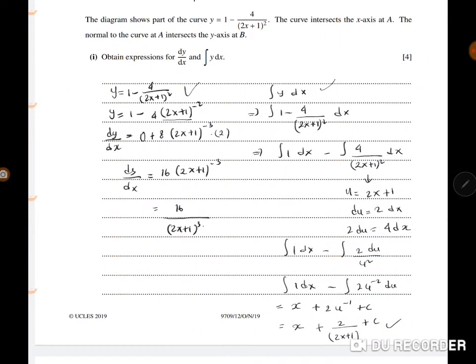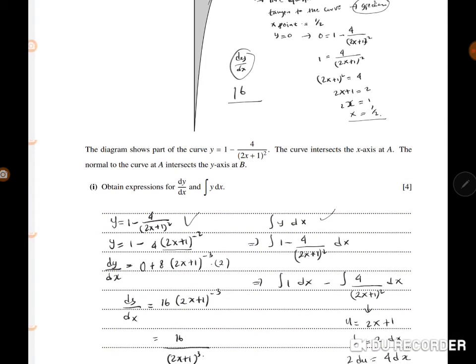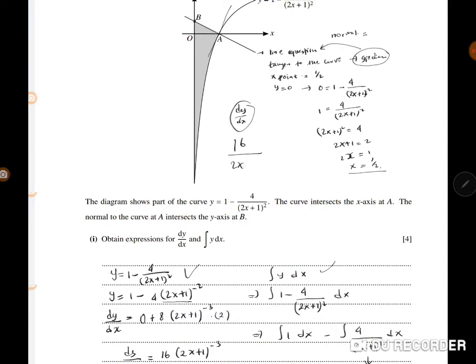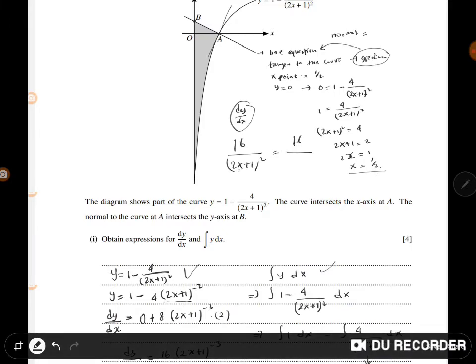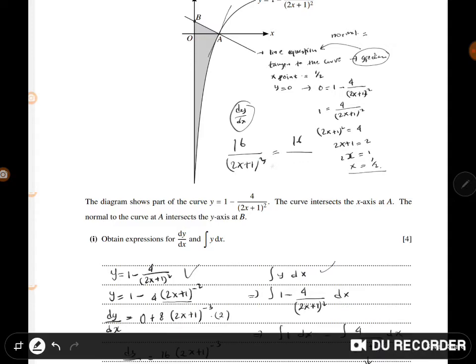We already got dy/dx equals 16 over (2x plus 1) cubed. Our x is 1 over 2, so 2 times 1 over 2 is 1, plus 1 is 2, and 2 cubed is 8.